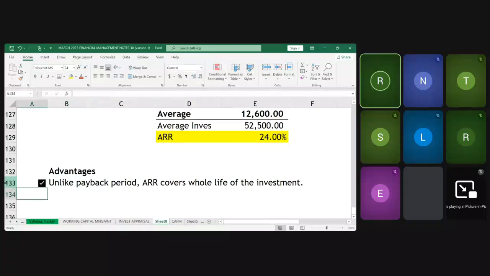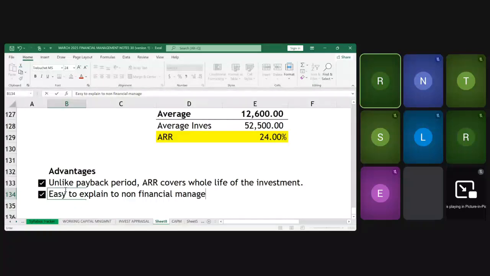So if we are to assess using ARR, we are going to see that we consider all items when it comes to the life of the project. Another advantage is that it is easy to explain to non-financial managers. It's easy to explain to non-financial managers.